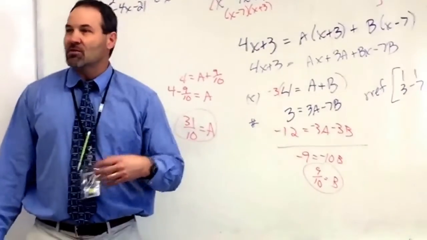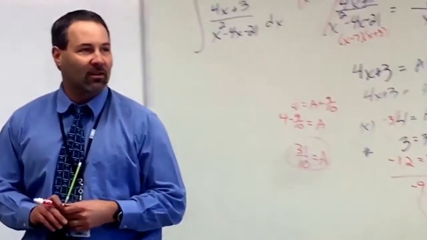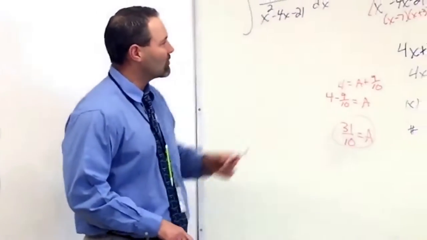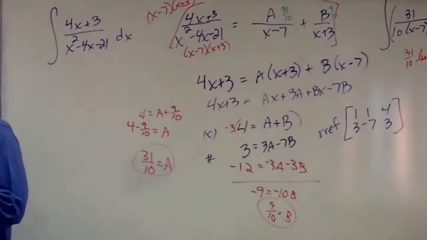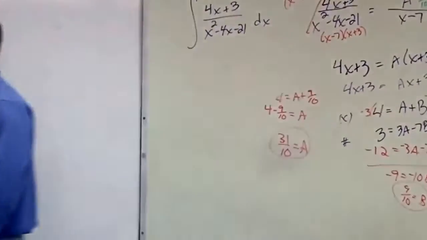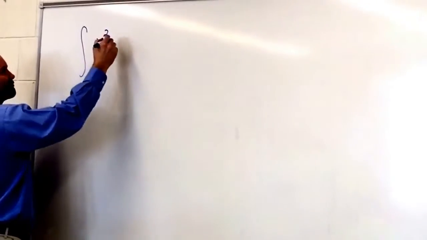Okay, so that's the most straightforward scenario where partial fractions, you have a nice factorable quadratic in the bottom, you go on from there. There are exceptions in partial fractions, when you can't factor the bottom. No, you should be able to factor.